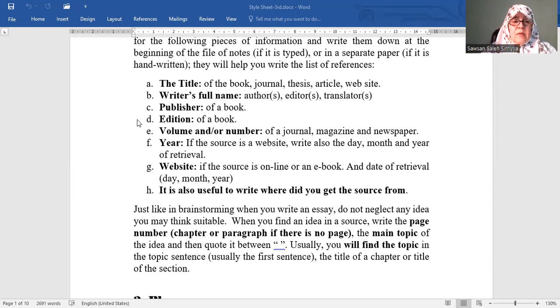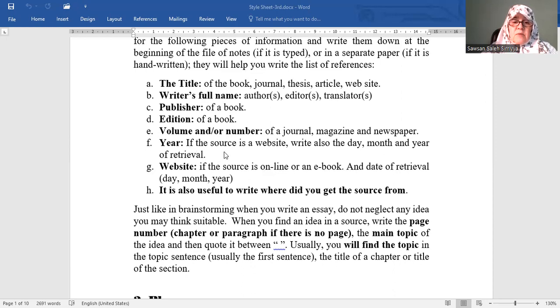I'll give you an example of how to do this. So the information you need is the title, the writer's full name. The writer could be author, editor, or a translator. Then you have the publisher of a book, the edition of a book, the volume, if it is an article from a journal, or number of a journal, magazine, and a newspaper.